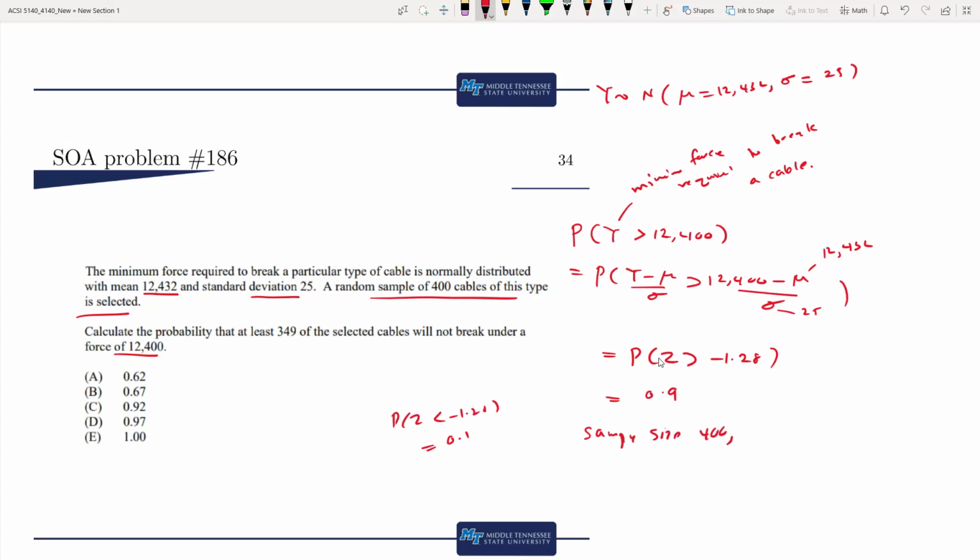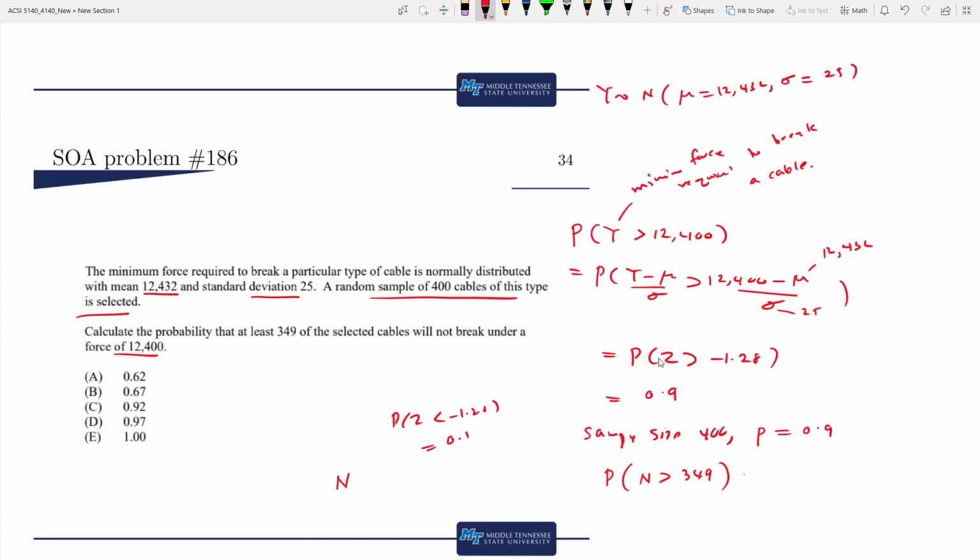So now we have a sample of 400, and the probability of each one not breaking, the success, is 0.9. And we want to know, if we take a random sample, the probability N is more than 349, where N is the number of cables which will not break under a force of 12,400.